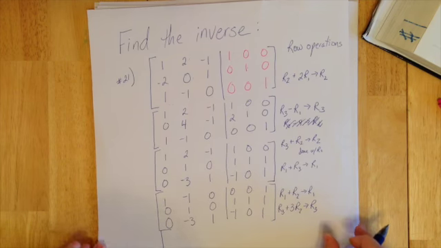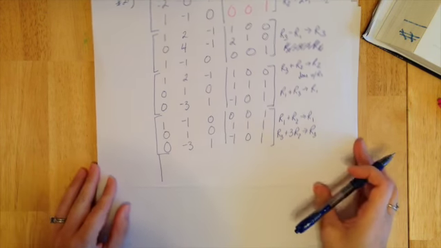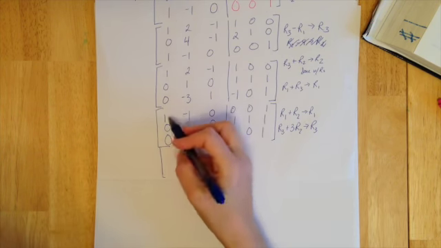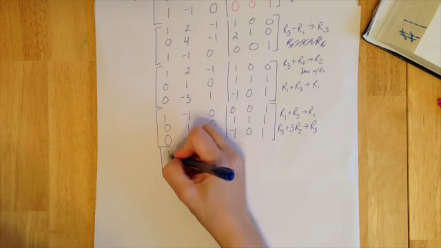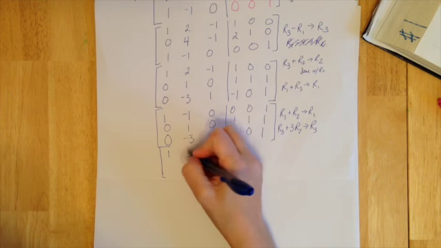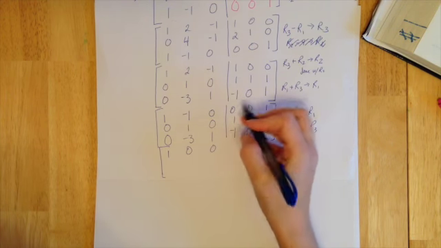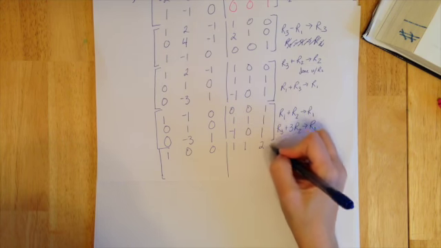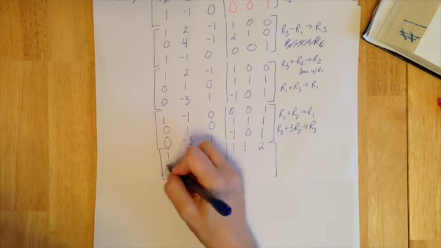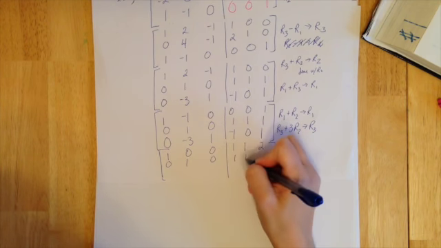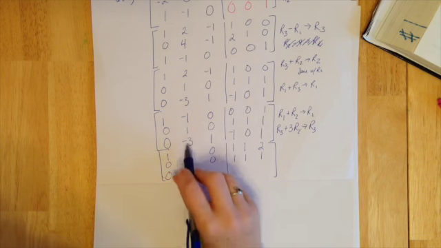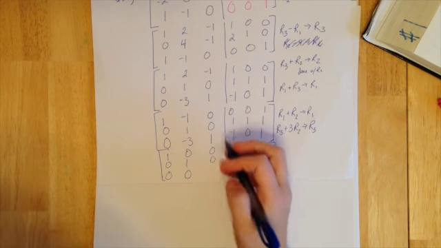So I'll have 1, move that up. 1 plus 0 is 1, 0, 0, 1, 1, 2, 0, 1, 0, 1, 1, 1, and now row 3, 0, 0, 1.